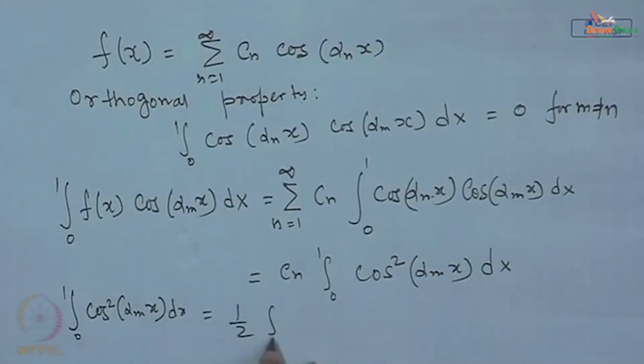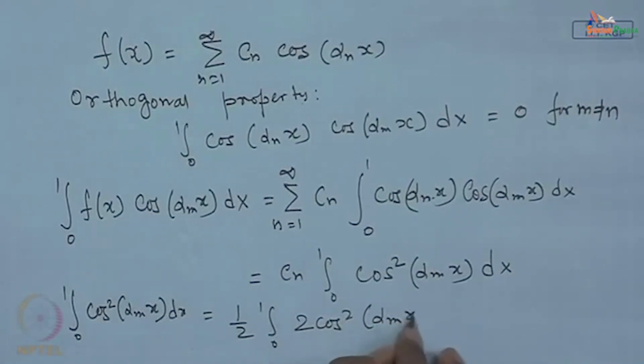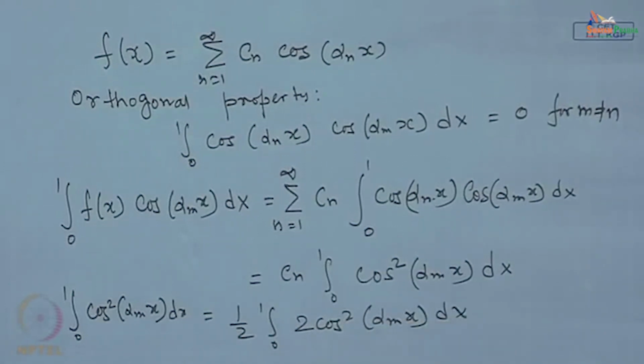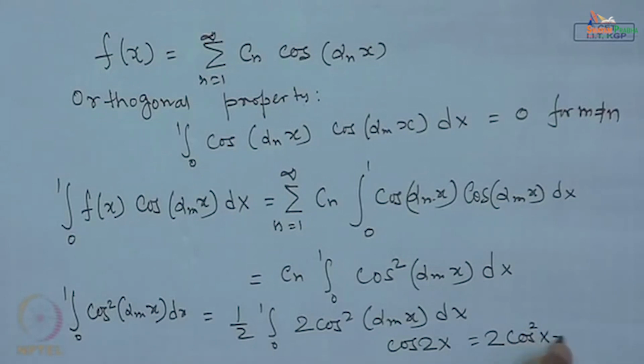So, it will be half integral 0 to 1 of 2 cos square alpha m x dx. So, you utilize the identity cosine 2x is nothing but 2 cos square x minus 1.